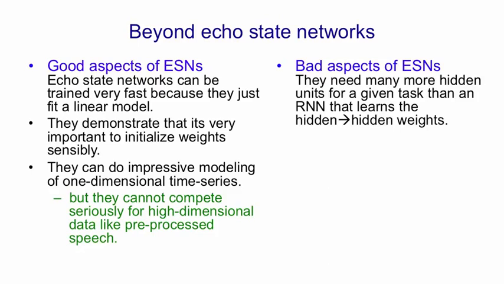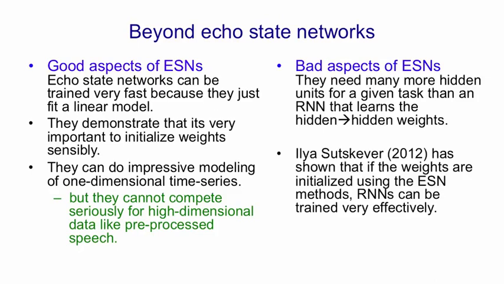In order to model data like that, they need many more hidden units than a recurrent neural network where you train the hidden-to-hidden connections. Recently, Ilya Sutskever tried something which is fairly obvious, which is to initialize a recurrent neural network using all the tricks developed by the people doing echo state networks.